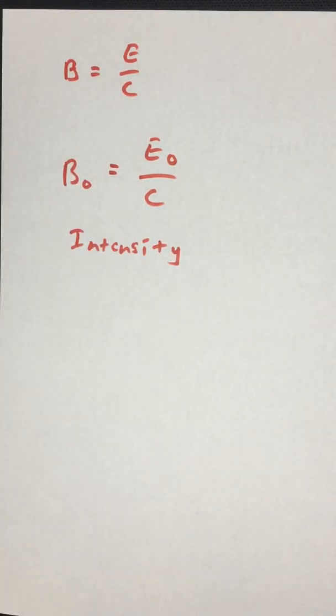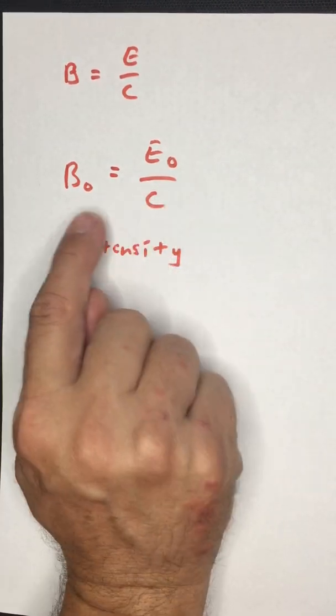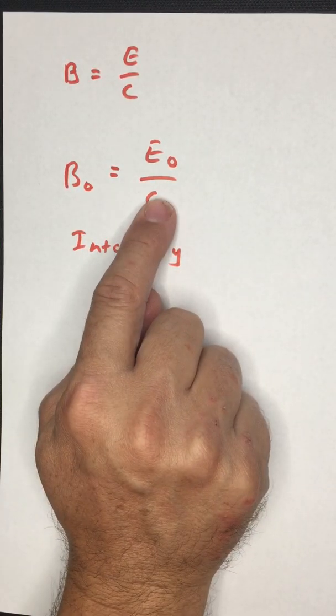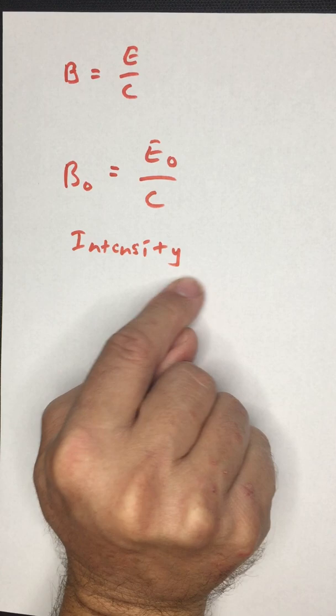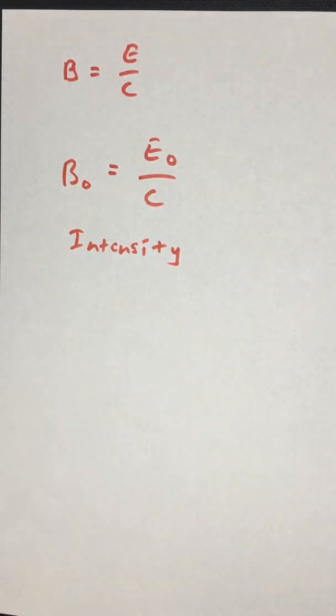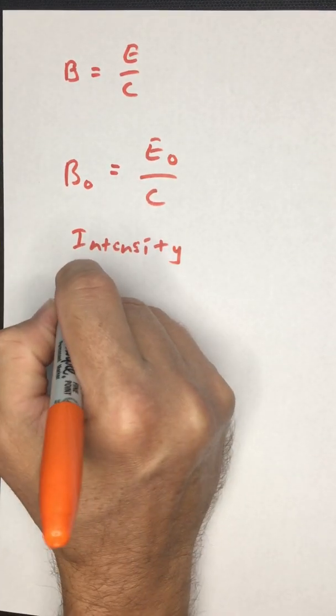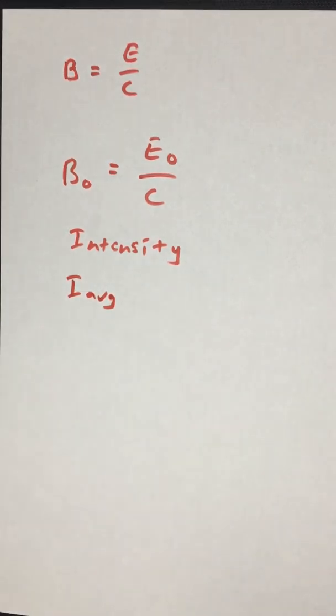Do I look at the E field to determine the intensity? So the answer to the first question, does it change, is yes. So because of that, looking at the intensity at any given point in time turns out to be not very useful, because that is always changing. The easiest thing to do and the most useful is to look at the average intensity. We want what we'll call I average.